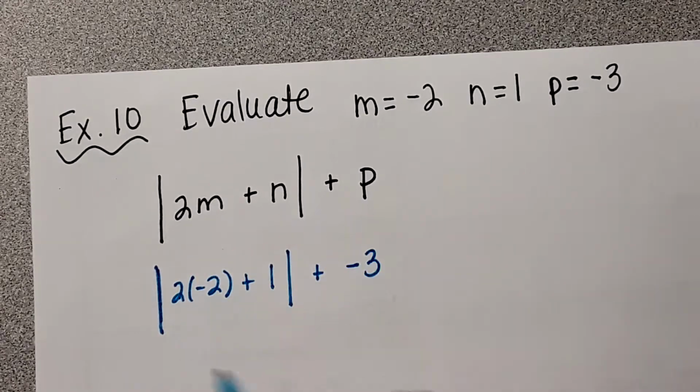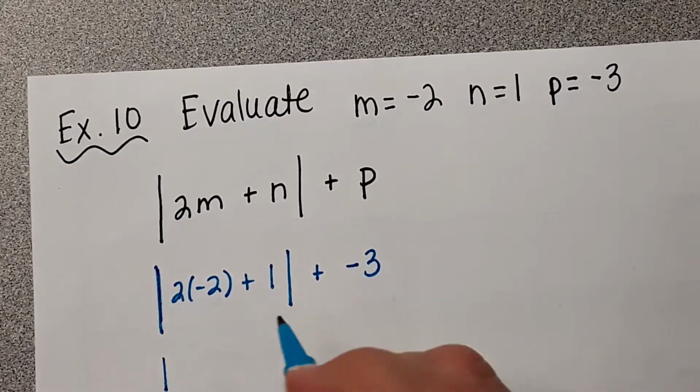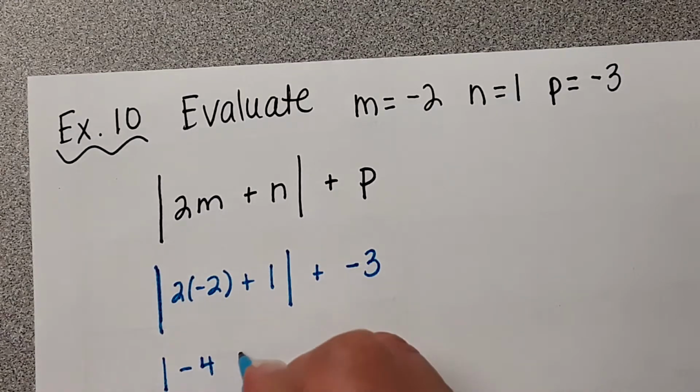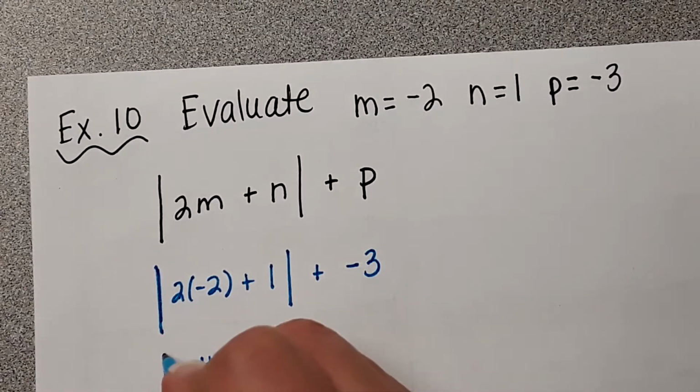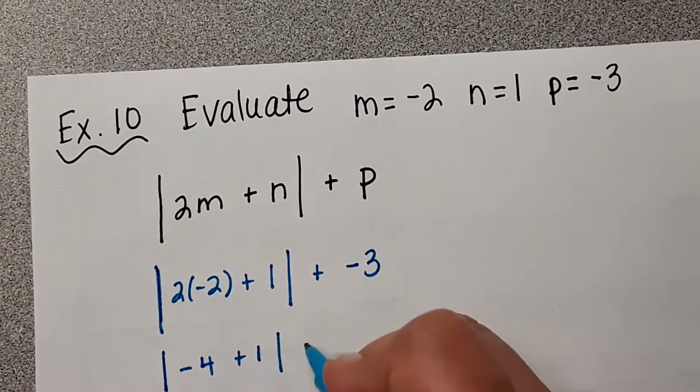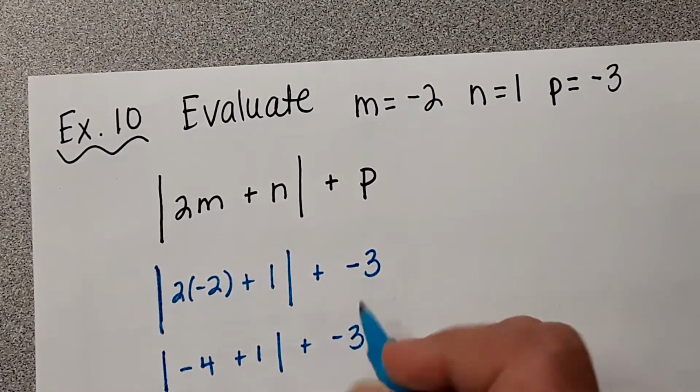What is 2 times -2? -4. So -4 plus 1, plus -3.